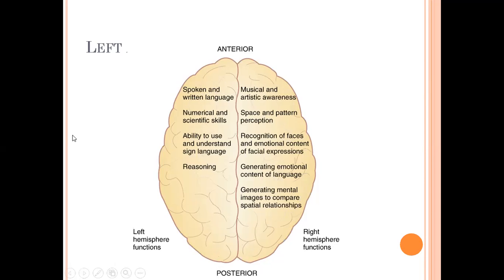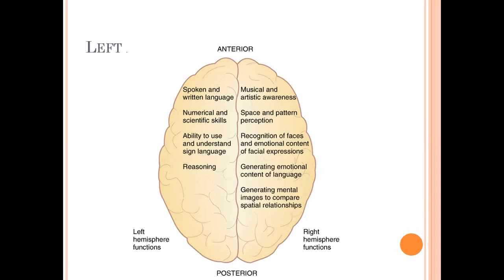The left side of the brain is responsible for spoken and written language, numerical and scientific skills, the ability to use and understand sign language, and reasoning. So it's more of the analytical, mathematic, scientific side of the brain, the left side of the brain.